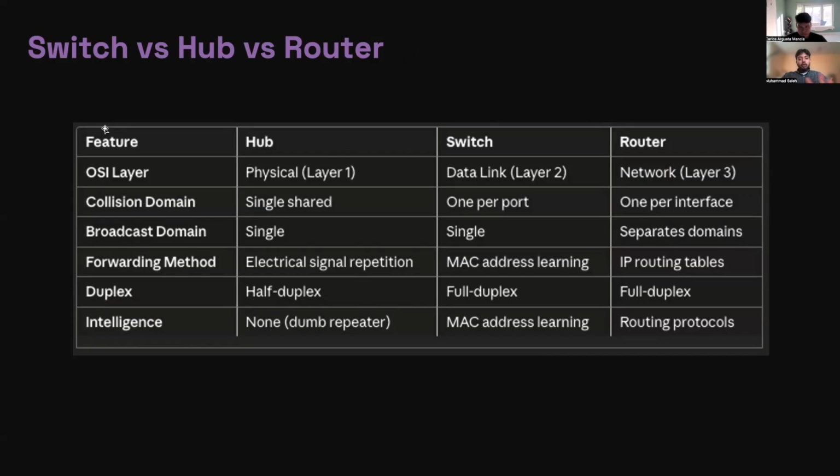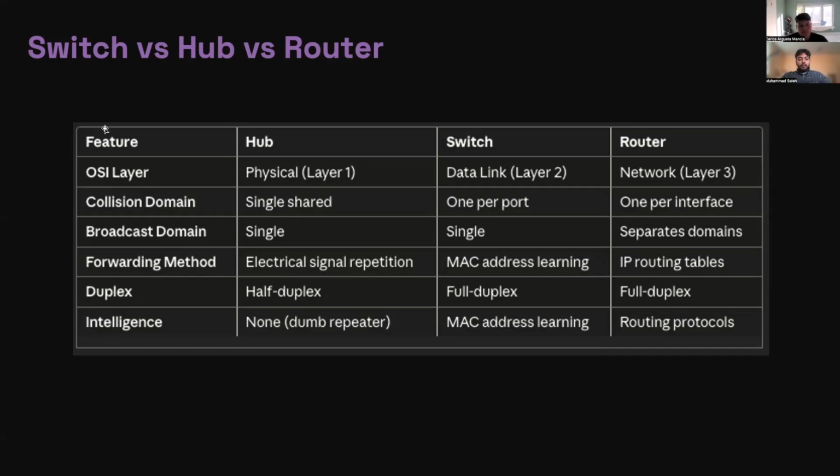All the ports on a hub are one collision domain compared to a switch, where each port has its own collision domain. And the main difference you can say is a hub sends the traffic through all the ports. It just takes from one port and sends to every single other port. But a switch is different, where the traffic is limited to that single port.